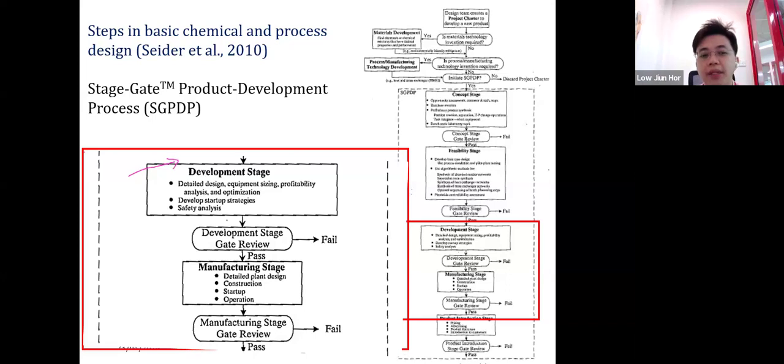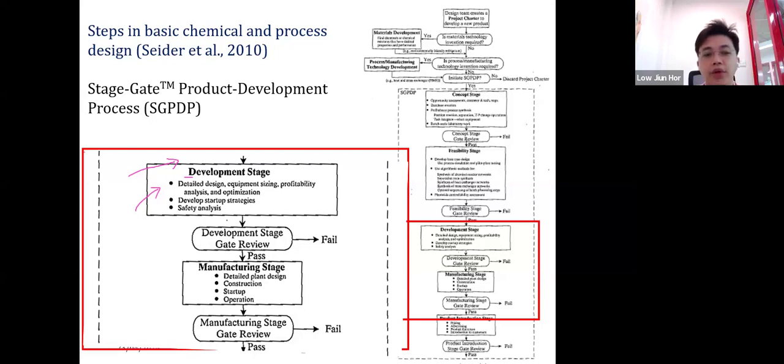Under the development stage, we can start to do the mechanical design for the equipment or unit operations involved in the process flow sheet. And also, we can do some analysis based on the safety aspect for the process flow sheet.